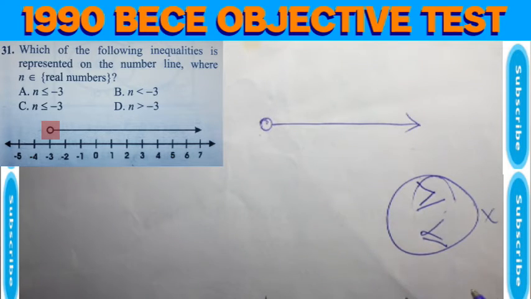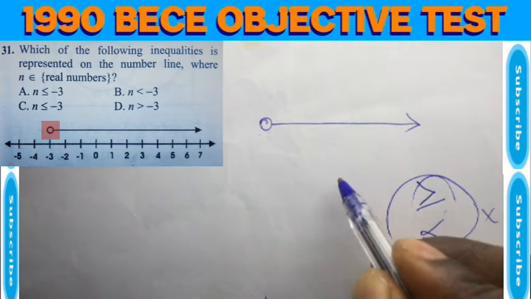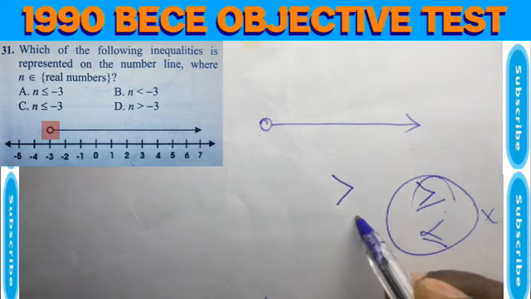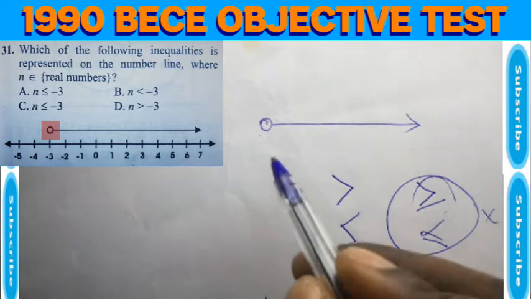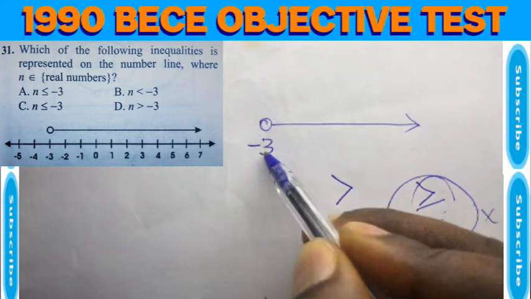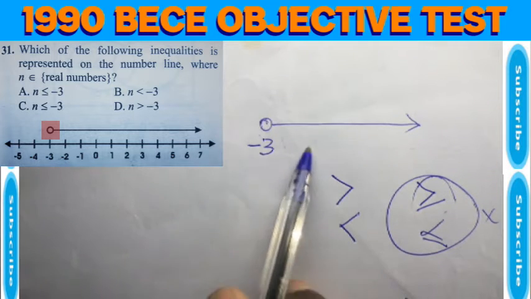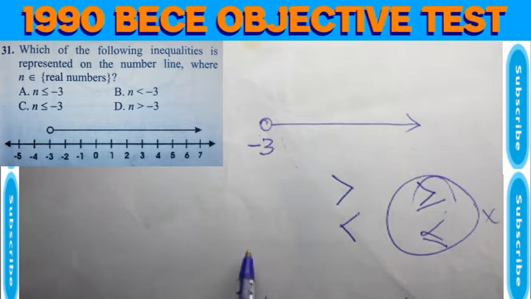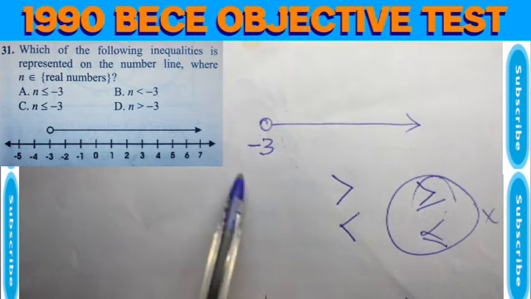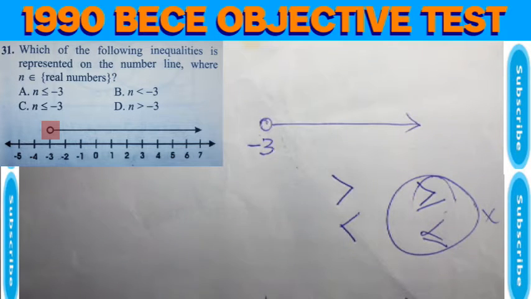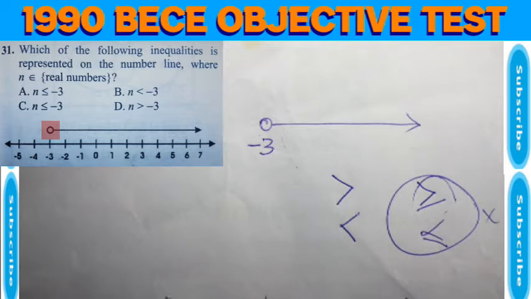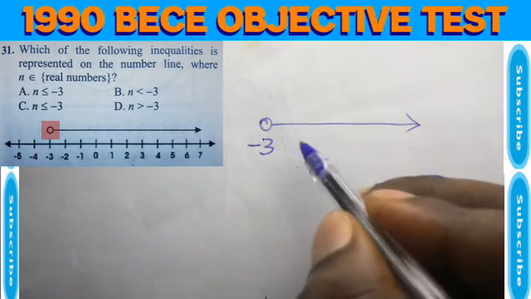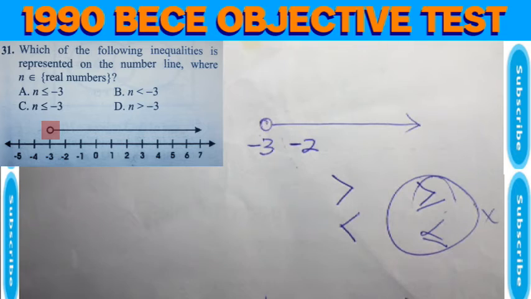These two are out. It is either going to be greater than or less than, one of these. But this is also located on -3, and since it is not shaded, it means that the values don't begin from -3. It begins from the next value, and the next value after -3 to the right is -2.